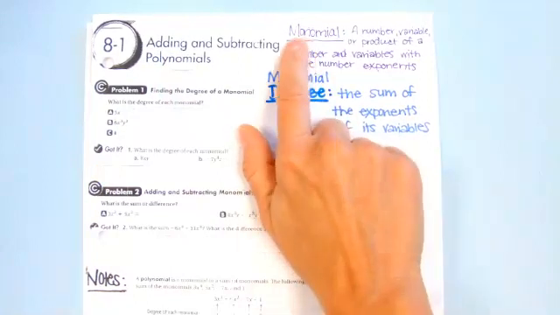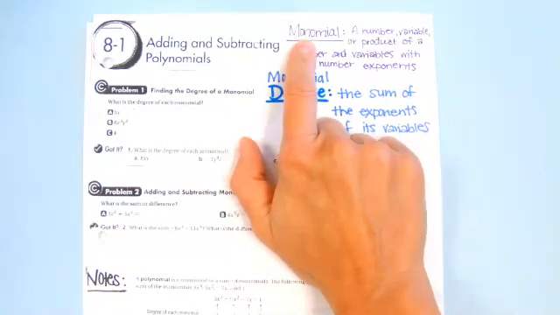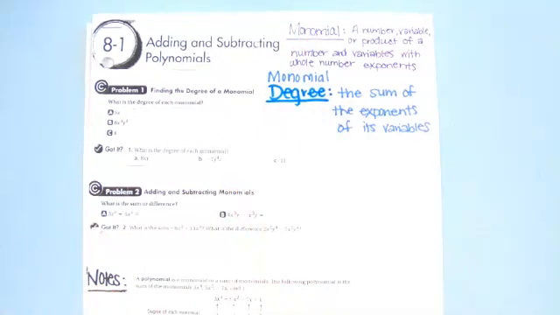So to start off, a monomial. Mono means one. That means one term, okay? But the term can be either a number, it can be a variable, or it can be a product, that means times, of a number and however many variables.